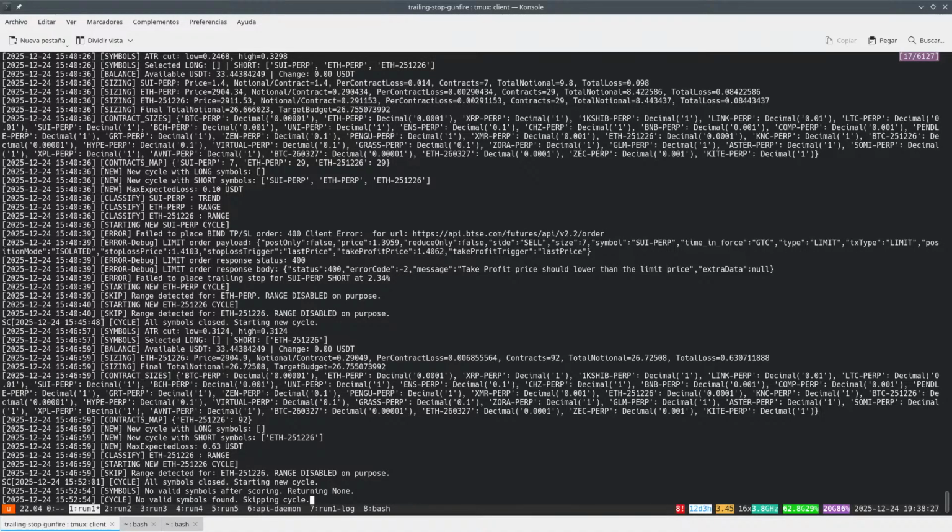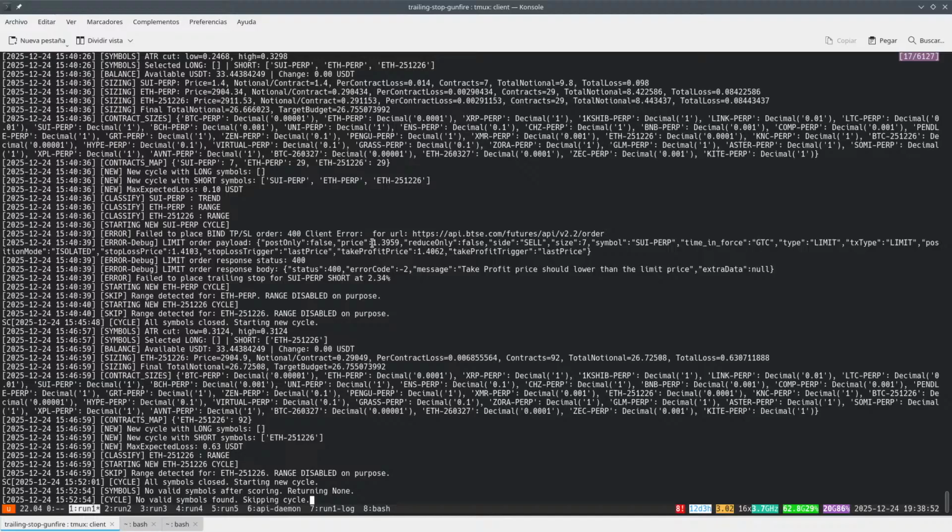So if this is a short trade for SUI, here we can see how it says that the take profit should be lower than the limit price.